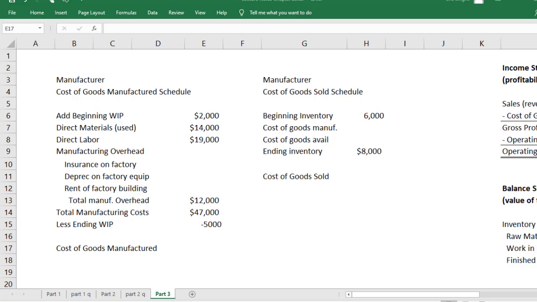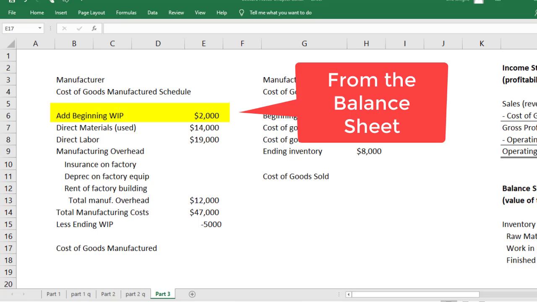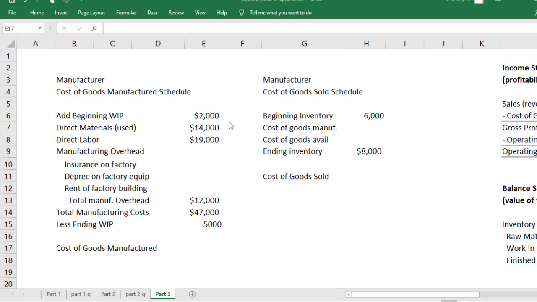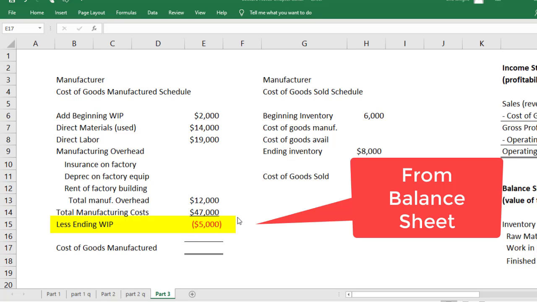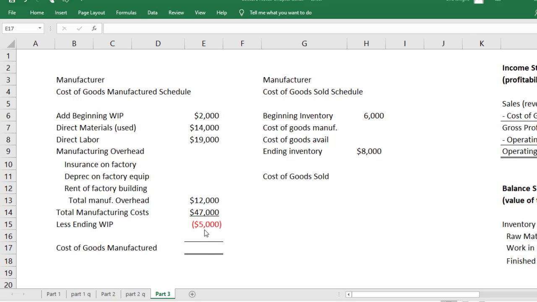So what I did was add the beginning work in process of $2,000, and then I added all of the costs: materials, labor, manufacturing overhead. That gives me my total manufacturing cost of $47,000. My ending work in process is $5,000.